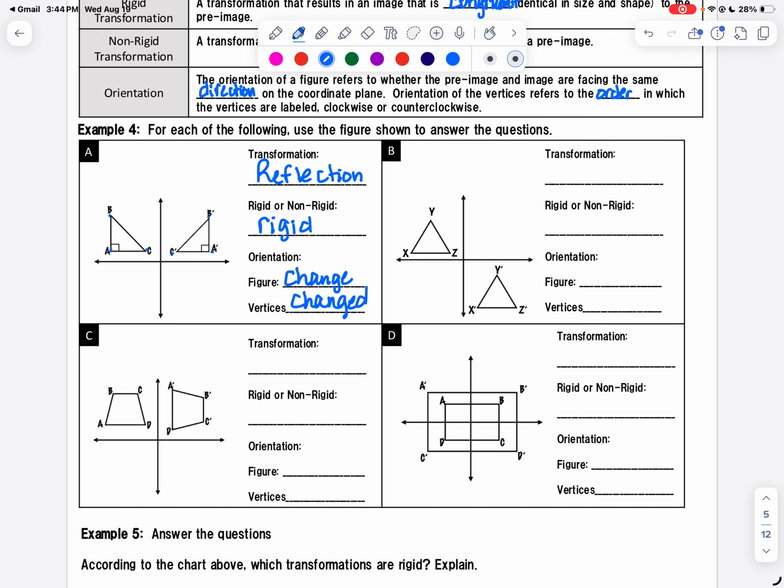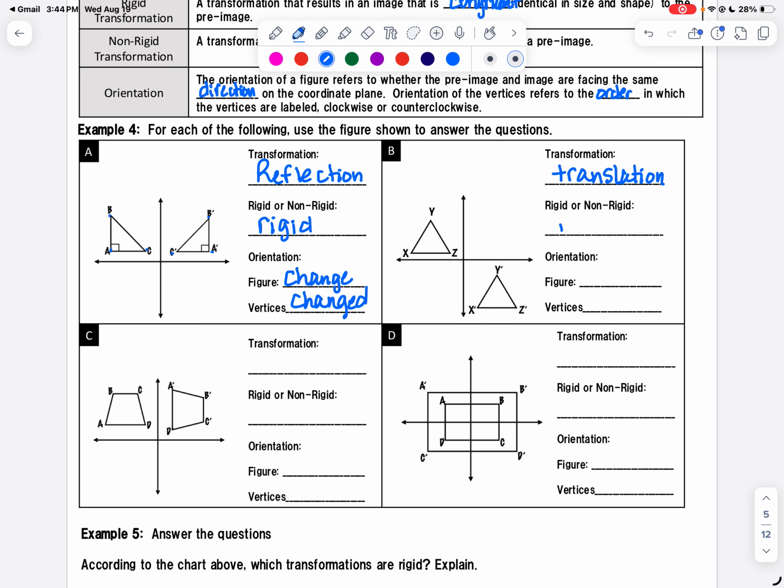All right. Problem B. We have two triangles here, and we want to identify the type of transformation, whether it's rigid or non-rigid, and then describe the orientation and the vertices. So for our transformation, it looks like we move to the right and down. So that is a translation.